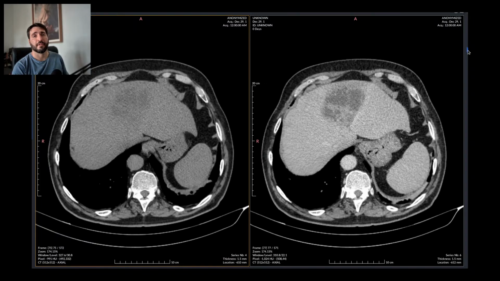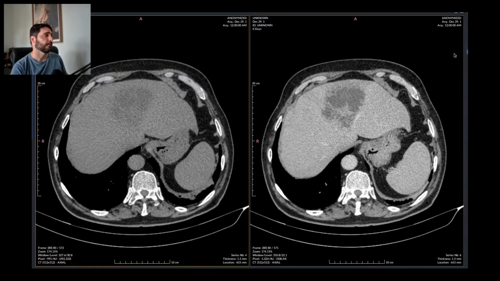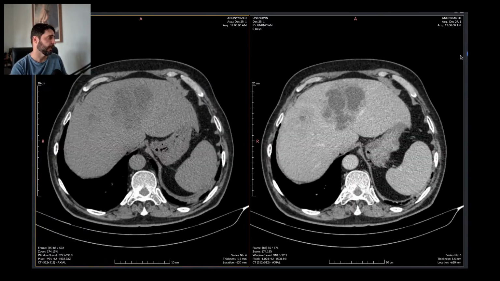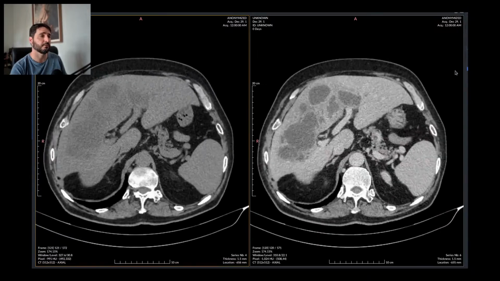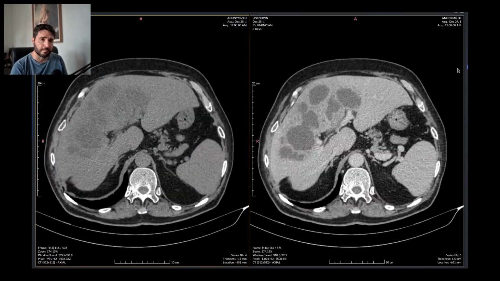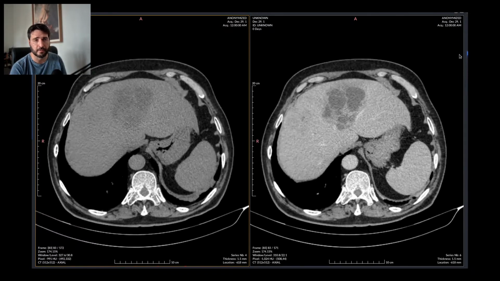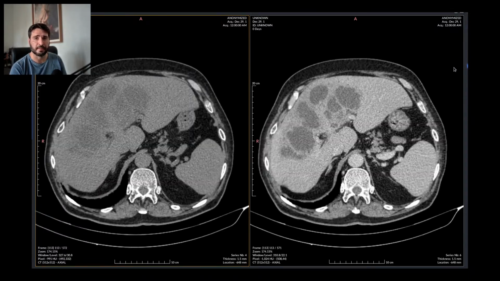So we have an elderly woman complaining about fever, jaundice, and right-sided pain. What could we think about? What should we look for? If it's fever, jaundice, and pain, we are talking about some kind of biliary disease.